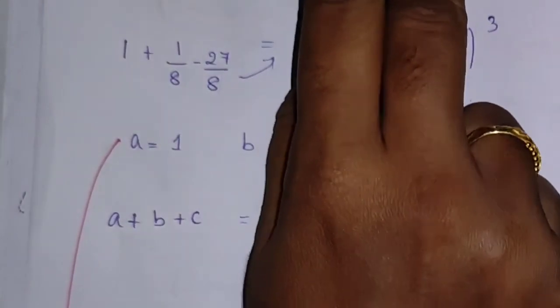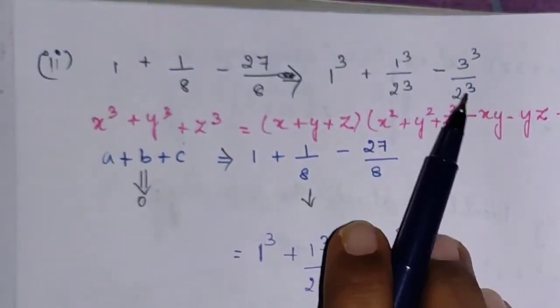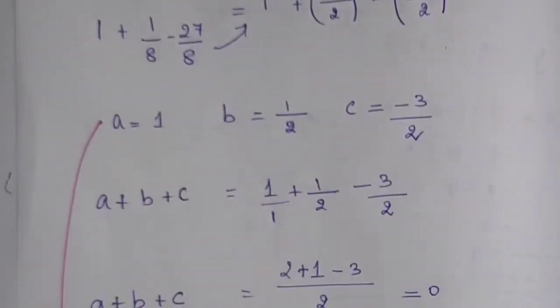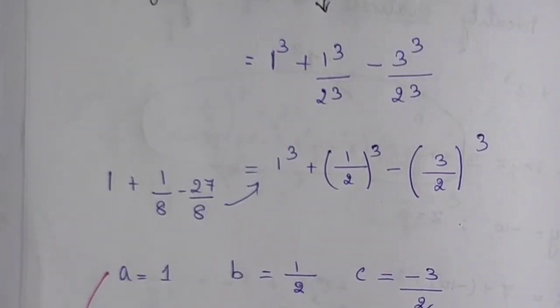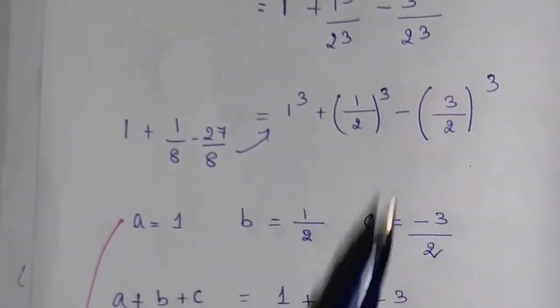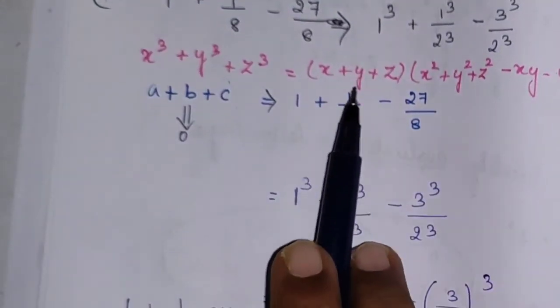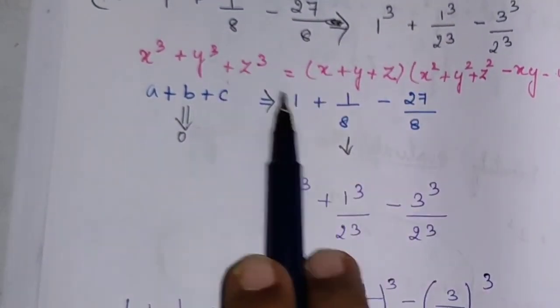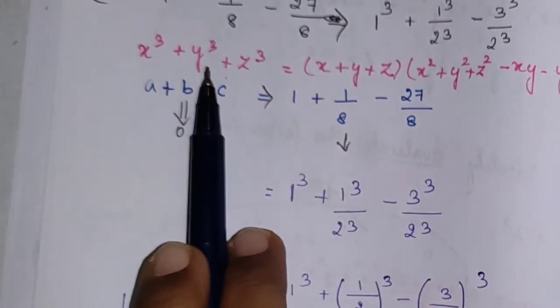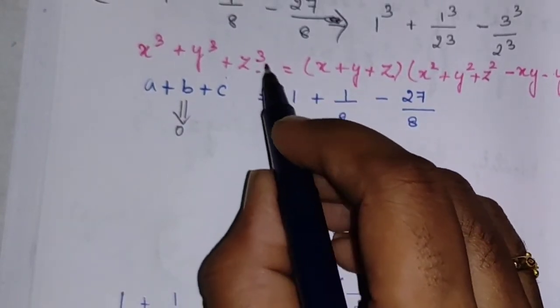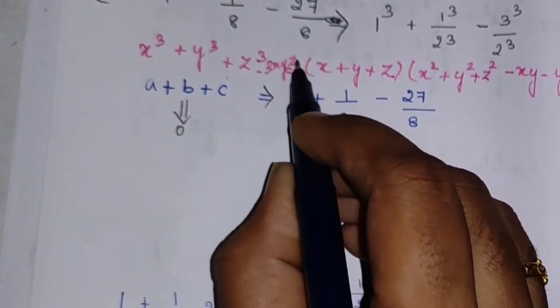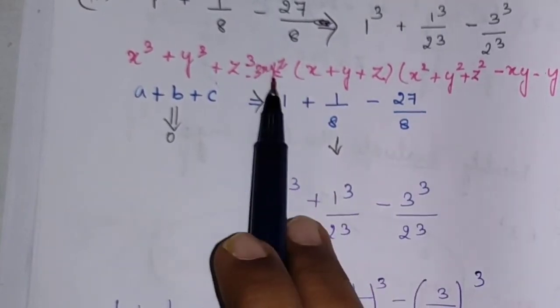So a is equal to 1, b is equal to 1 by 2 and c is equal to minus 3 by 2. Okay, so you take LCM and we found that a plus b plus c is equal to 0. So if it is 0, then the whole term will become 0, right? Therefore x cube plus y cube plus z cube, so minus 3xyz will go to the other side.